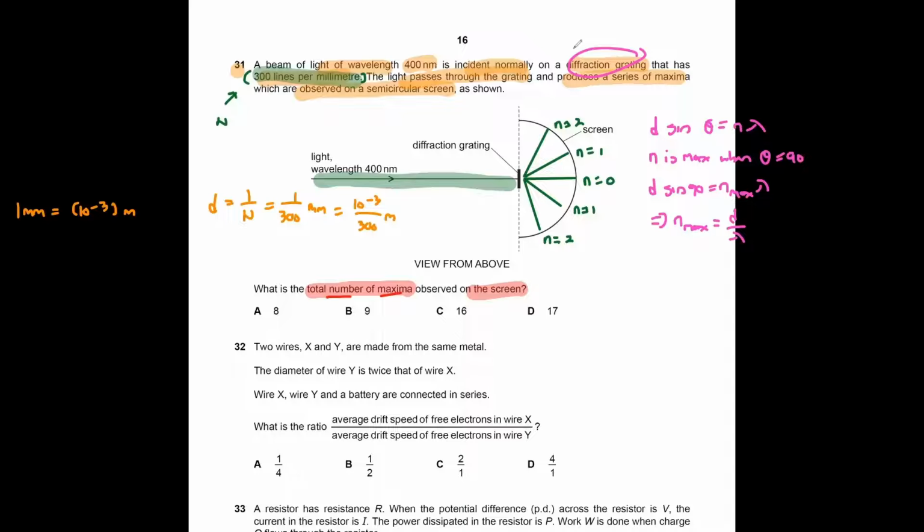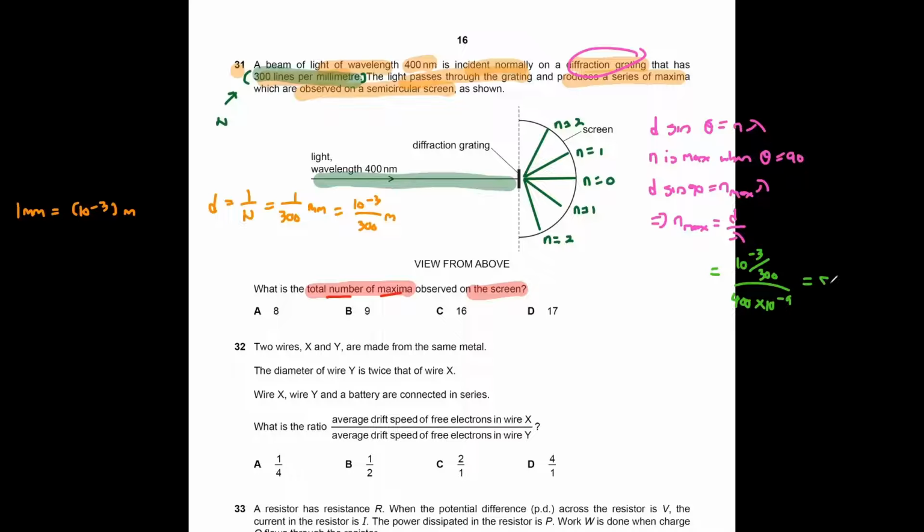So once you have that, you can now work with the values to find n max. This is 10 power minus 3 divided by 300 divided by wavelength of 400 nanometer. You will eventually get your answer as 8.3.